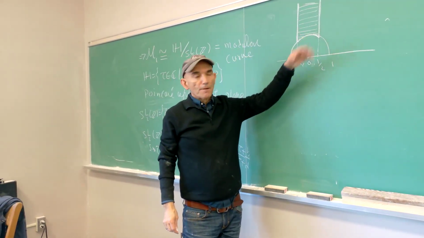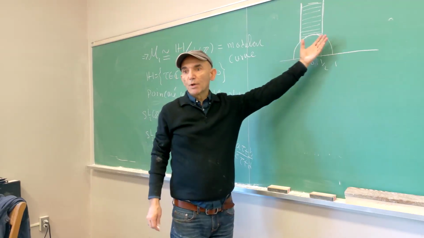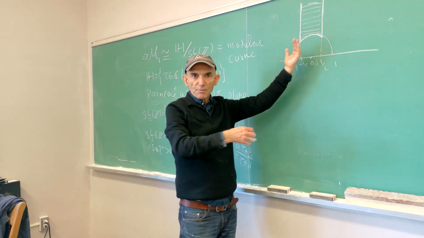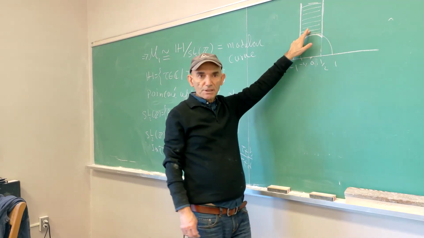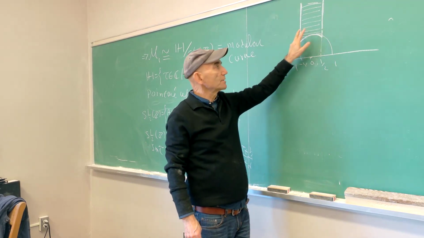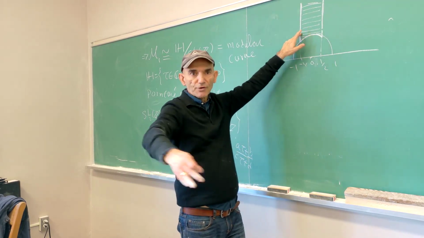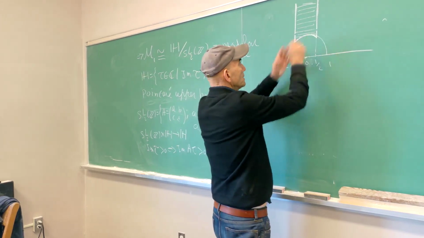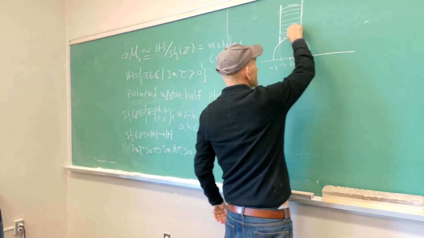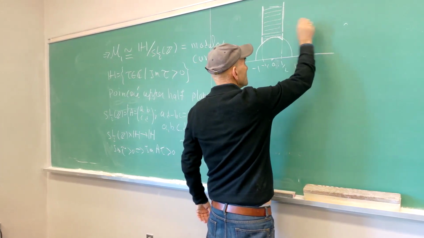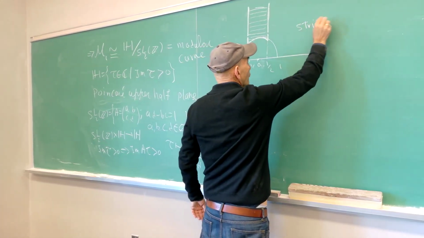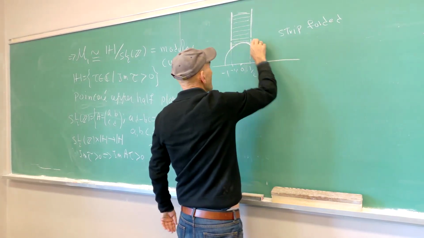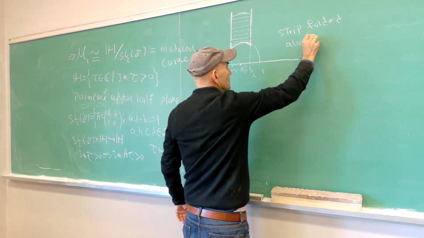So basically, you can show that any point in the plane is congruent under this map to a unique point here, except that this point is congruent to this point because it's given by translation by one. So it's going to be equal to this strip folded along its boundary.